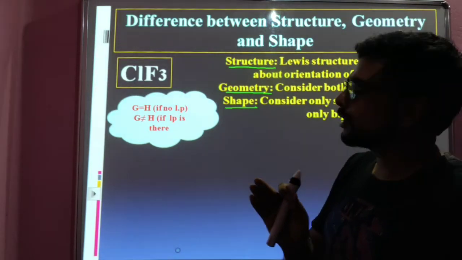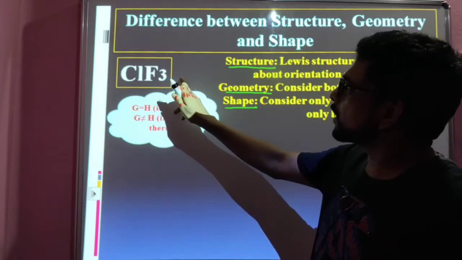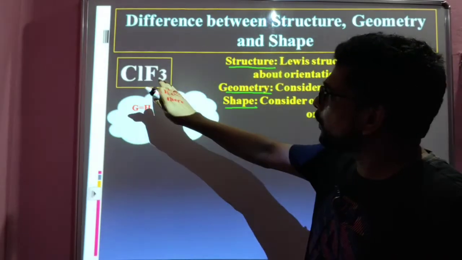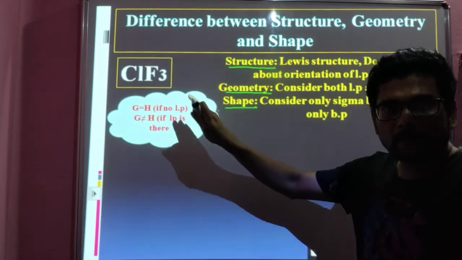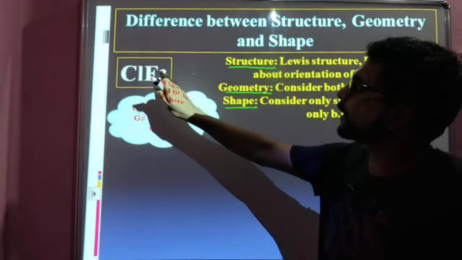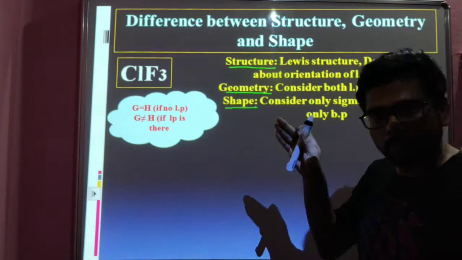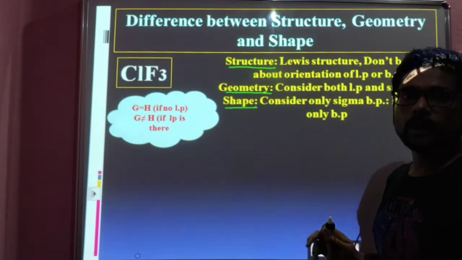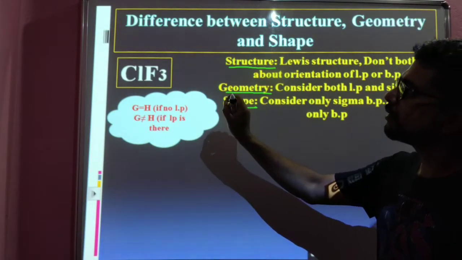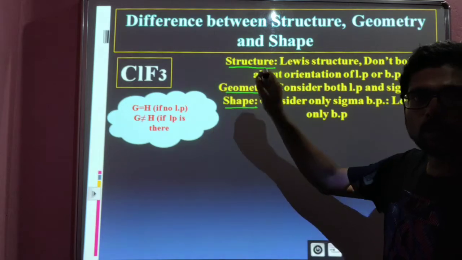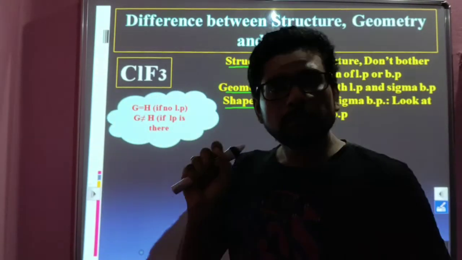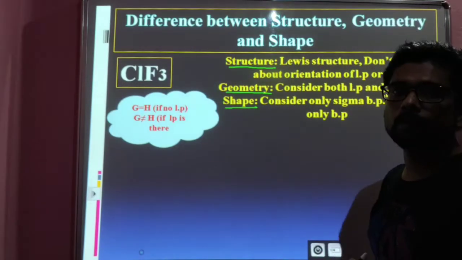In Lewis structure, we will count sigma bond pair and lone pair of electron, and we will just show the sigma bond pair electron and lone pair of electron. Of course, in Lewis structure, we will show the pi bond pair also.